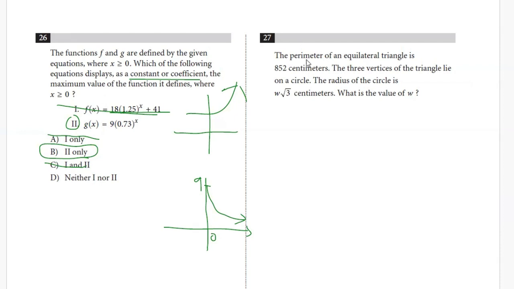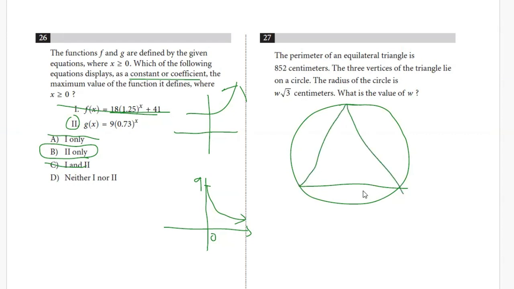And for question 27, the perimeter of an equilateral triangle is 852 centimeters. The three vertices of the triangle lie on a circle. The radius of the circle is W root 3 centimeters. What is the value of W? Since this is a geometry problem, I always like to draw things out. Since the sides are x, if I add these up, it becomes 3x is equal to 852.